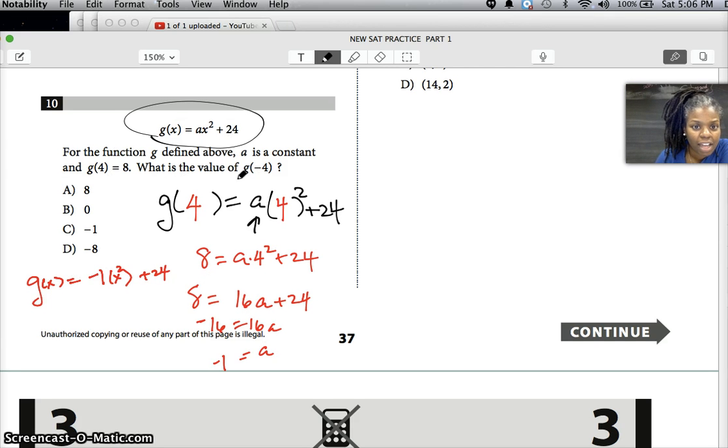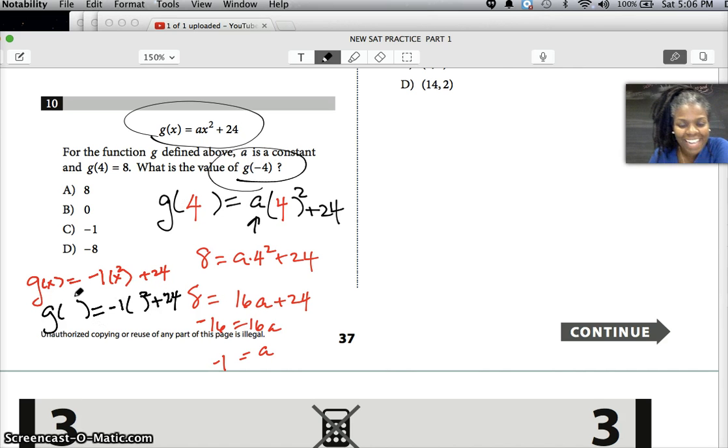So now we can calculate what g of negative 4 is. Remember what I said before? G of blank is equal to, in this case now, negative 1 times blank quantity squared plus 24. I'm going to plug in that negative 4 here so we can analyze what's going on, and we see that it's not too bad. Negative 4 quantity squared is 16. Again, that 2 just deals with the negative 4.